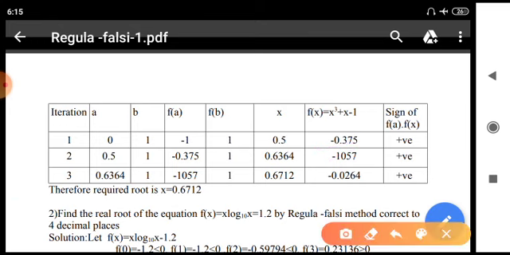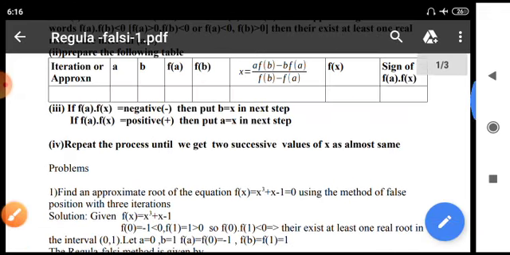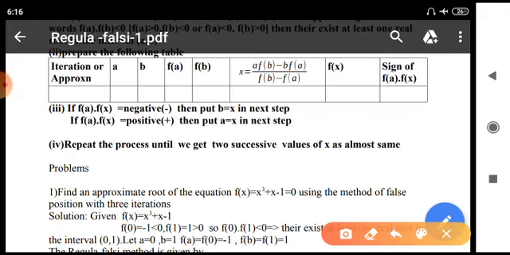Now what is the sign of f of a into f of x? f of a is minus 1. f of x is also minus 0.375. We don't want the product, we want only the sign. f of a is negative, f of x is negative, so the product is positive. If the product is positive, then we have to put the x value in column a in the next step.